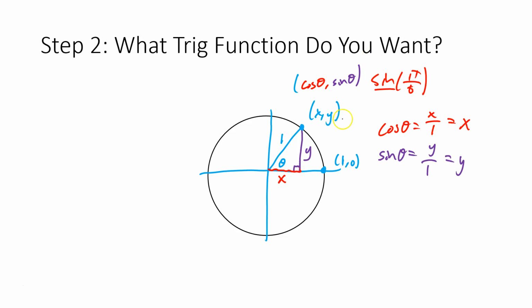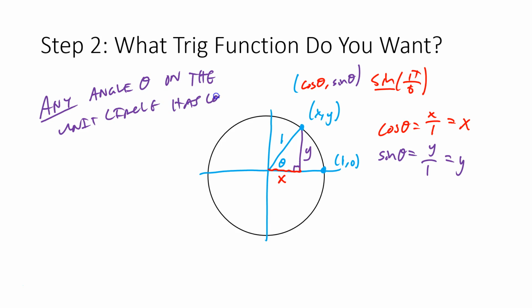And that's pretty cool. So that means any angle theta on the unit circle has coordinates cosine theta, comma, sine theta. I'm going to put an exclamation point after that because I think that's pretty cool. So like if you had an angle to this point right here.